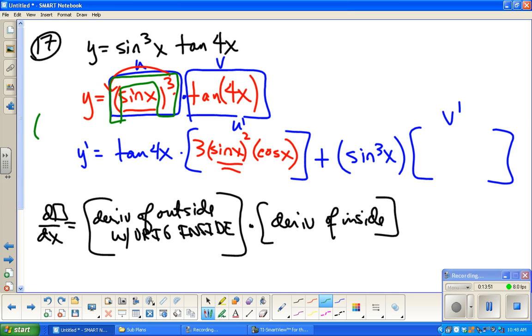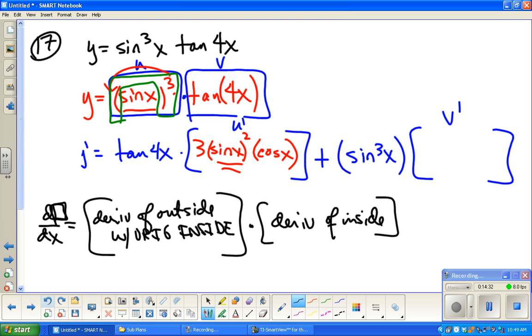I have sine of x cubed. If I do the derivative of something cubed, it's going to be 3 times something to the second. And that something has to be the same something. Now, if that something happens to be a function of x inside of a function, then I'm going to have that something prime, right? That derivative. I can leave it like that for that part of it. So yes, d dx of whatever it is I'm taking the derivative.